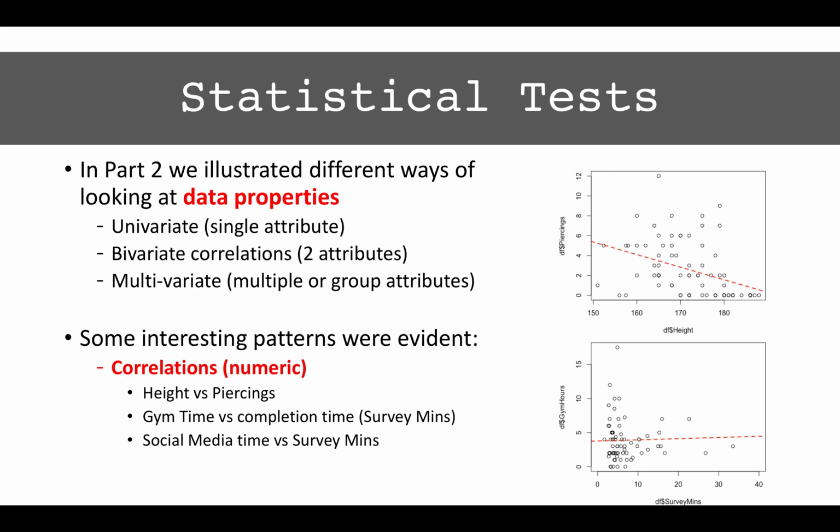And some interesting correlations were found. There was a kind of relationship between shoe size and height and piercings. Actually, there's also an interesting relationship between gym time and the time it took you to complete the survey. And there's also some interesting correlations between social media time and the time it took you to complete the survey as well.